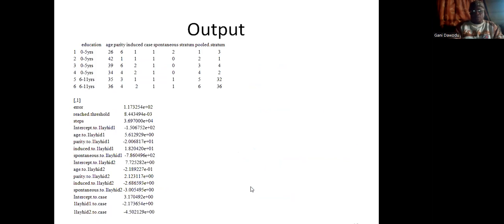These are the codes. The output is very lengthy, so I've only chosen some parts of it to highlight. This is when you want to know about the data. This is when you want to see the progression, the error being captured at that instance, and the steps.